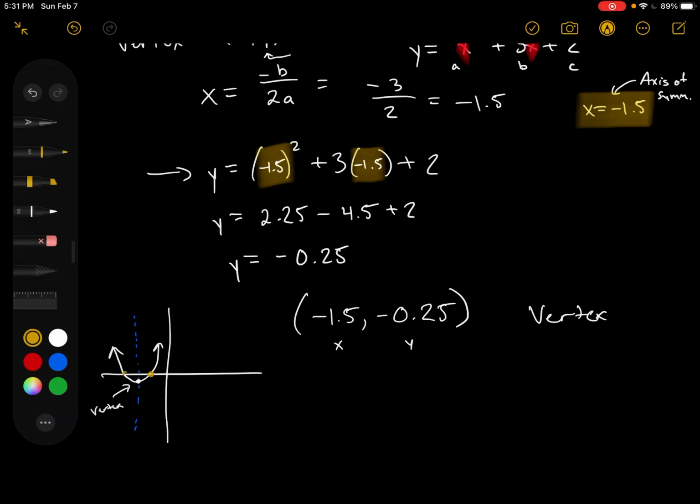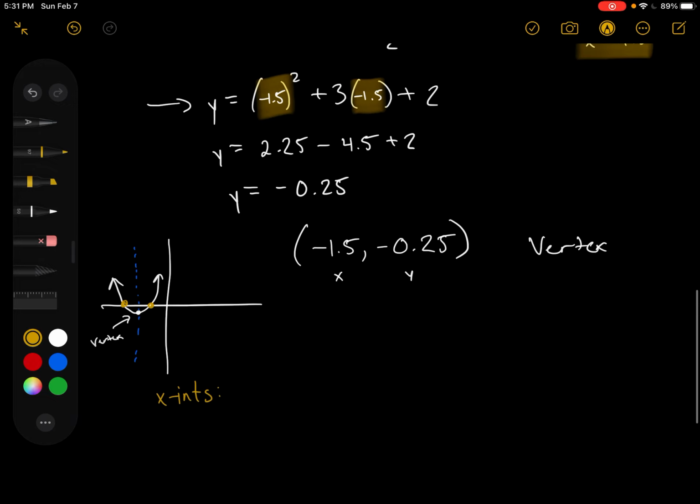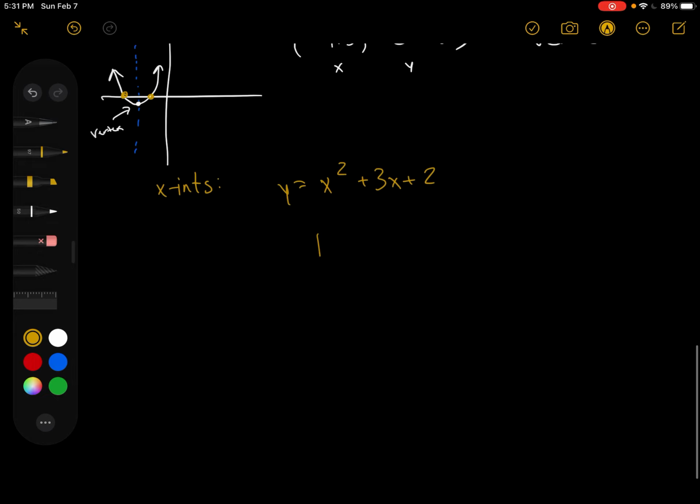Again, remember, we already know how to solve for our x-intercepts. And if you're like, Mr. R, you said we know how to do this. Now show me, how do we actually do this? Well, remember, this is our original function. We factor it.